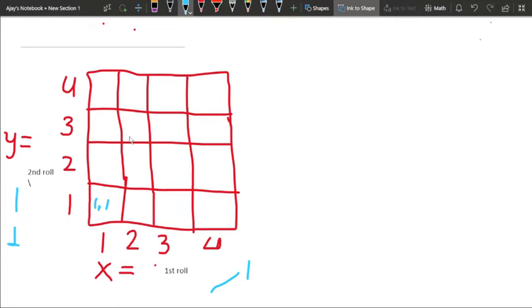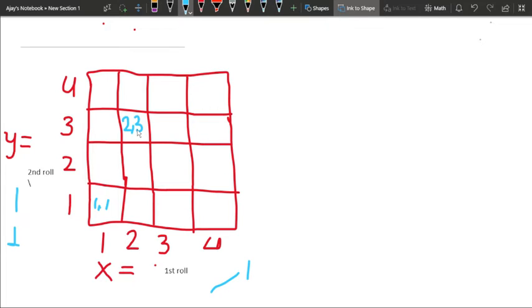And so the first roll is 2 and the second roll is 3, then this particular outcome occurs.